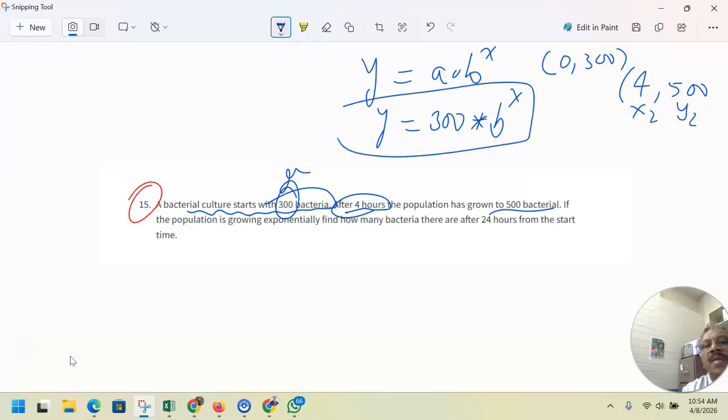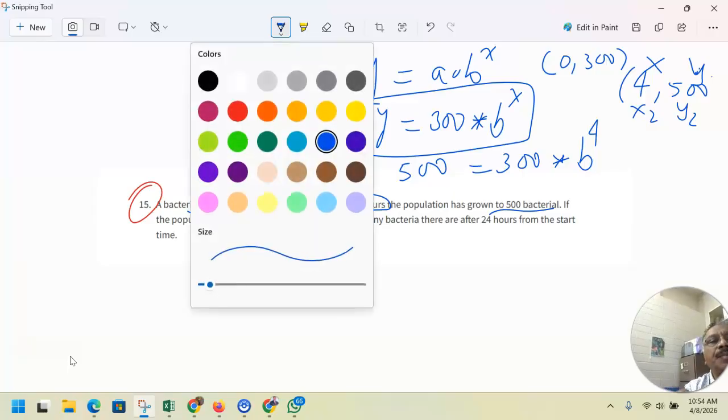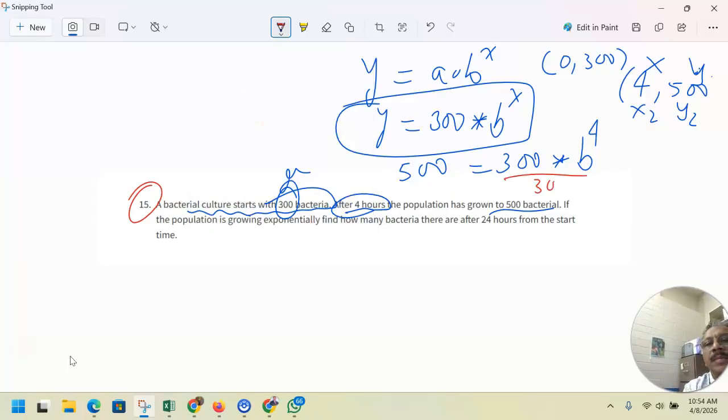So in this equation, you plug in this y and this x, you get 500 equals 300 times b raised to 4. See? Now divide by 300. We can cross out this 300, and we get b raised to 4 is 5 by 3.